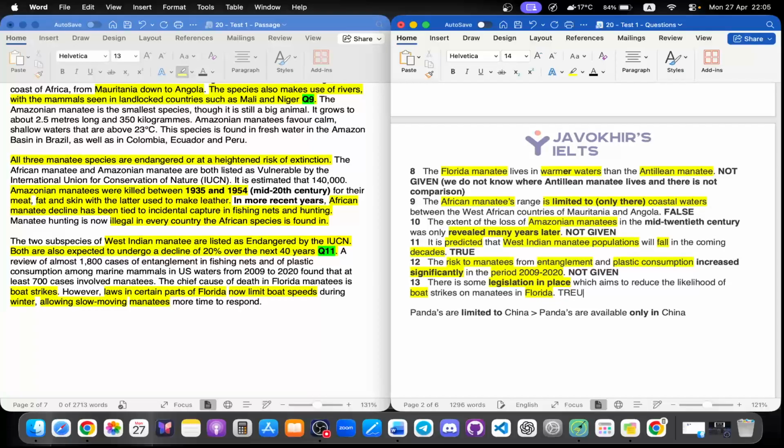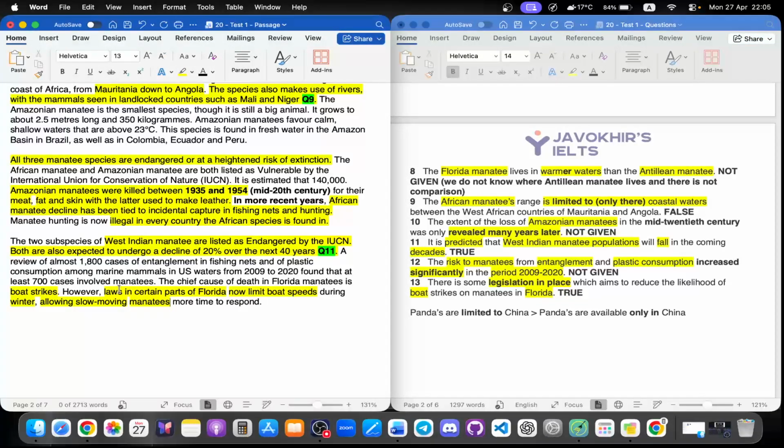The answer is going to be true. Basically simple. Legislation means law over here. Just gotta write it over there. And aims to reduce and now limit, to reduce.